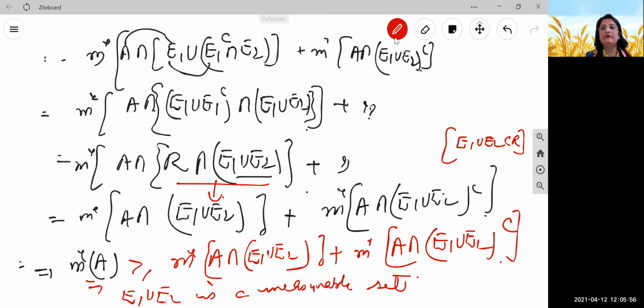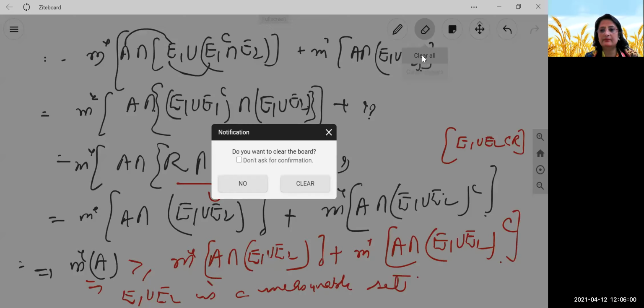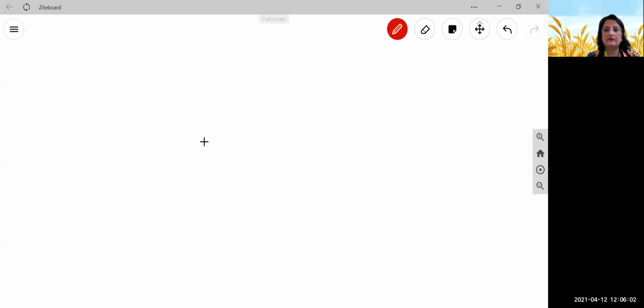So now we will come to its corollaries. So this main theorem has been proved. Now we will come to its corollary. Corollary number 1. This was about two sets: E1 set is measurable, E2 is measurable, then E1 union E2 is also measurable.